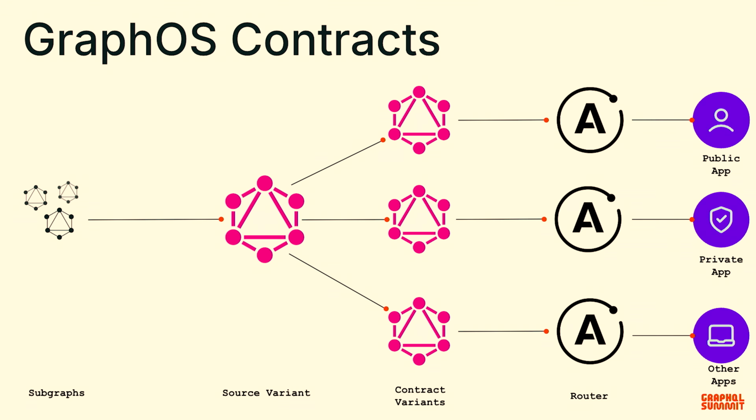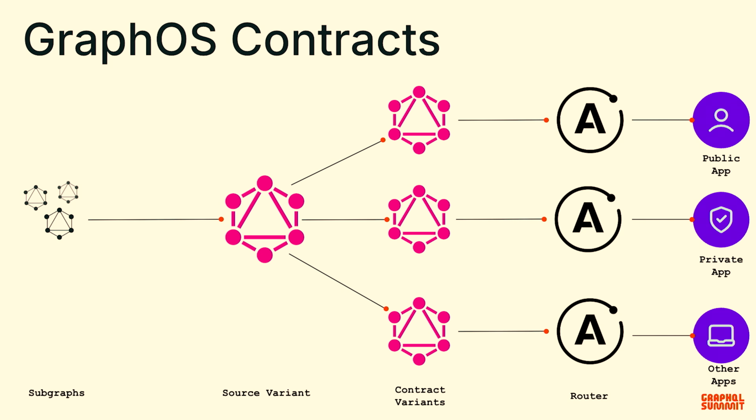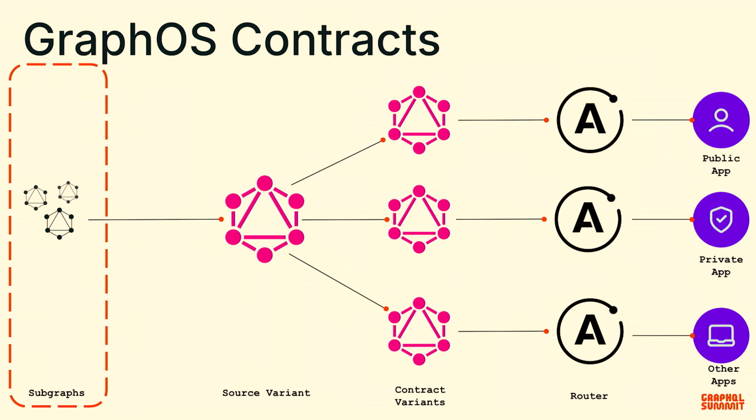At a high level, our subgraphs are able to contribute to that one Supergraph that we just looked at that we call the source variant. That source variant contains schema definitions as well as contract metadata that is then used to filter down to our contract schemas. And the contract variants are the actual Supergraph schemas that Router can use to serve data to our clients. So let's take a closer look at that.